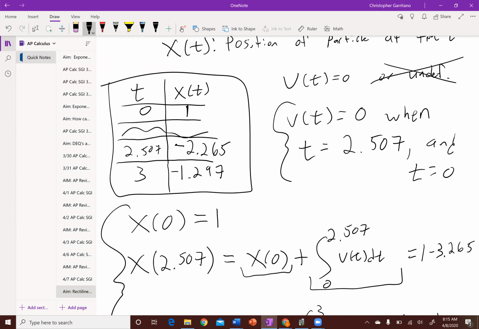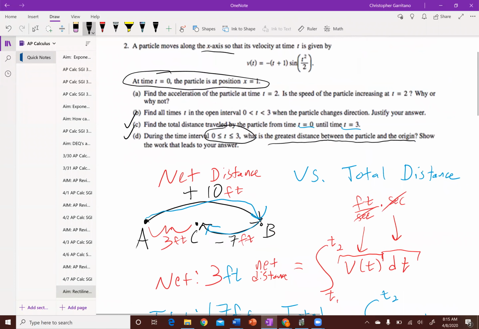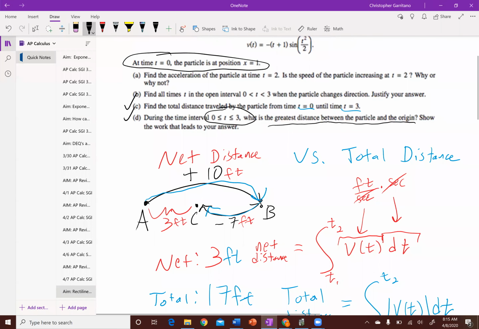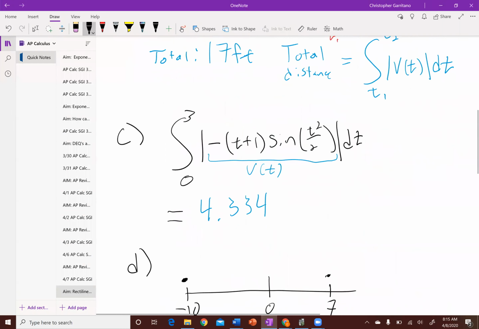And now, finally, to answer the question, we can see that the farthest distance will be when t equals 2.507. So the question is, what is the greatest distance? Not when, but what.